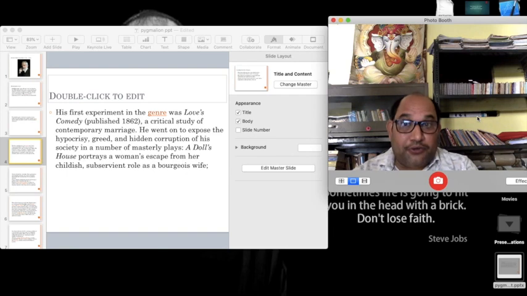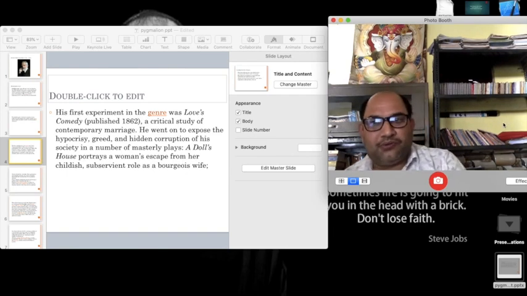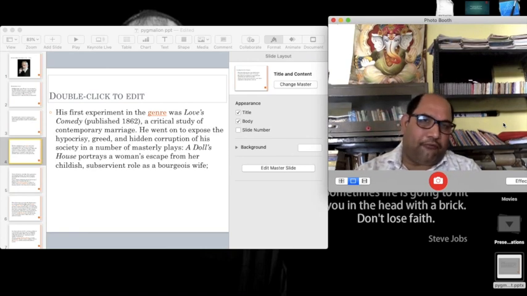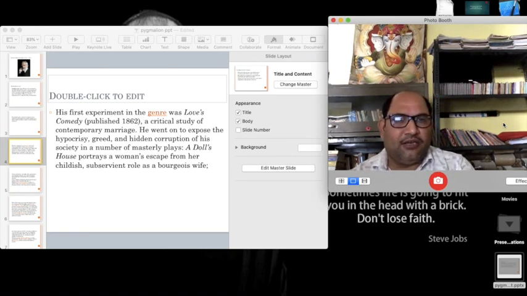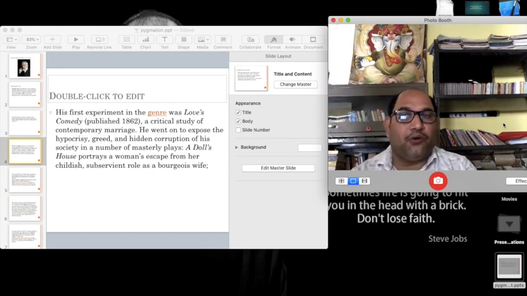Now, Ibsen went on to expose the hypocrisy, greed, and hidden corruption of the society in most of his masterly plays. When we come to his masterpiece, that is A Doll's House, it portrays a woman's escape from a childish, subservient role as a bourgeois wife.